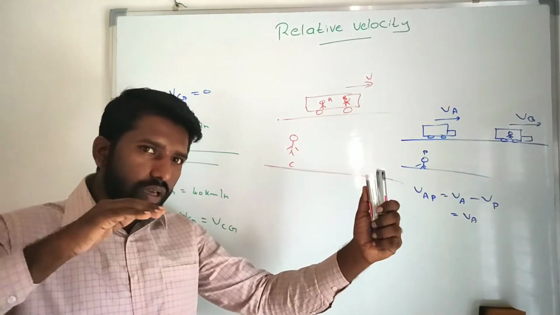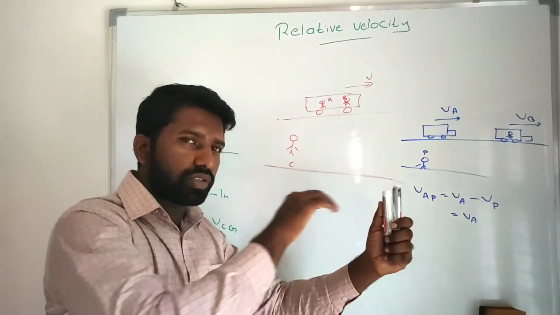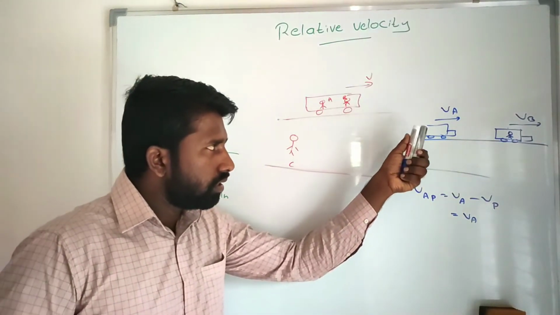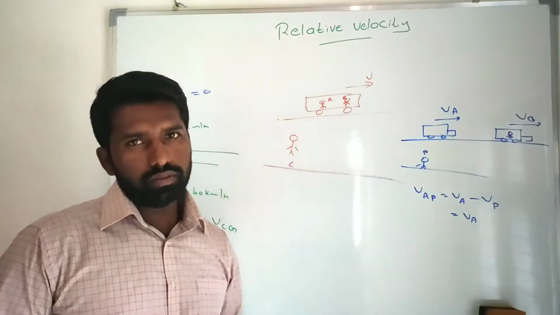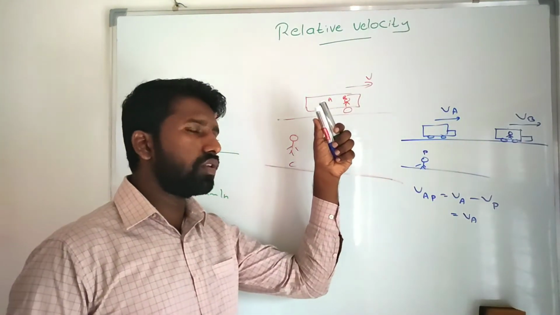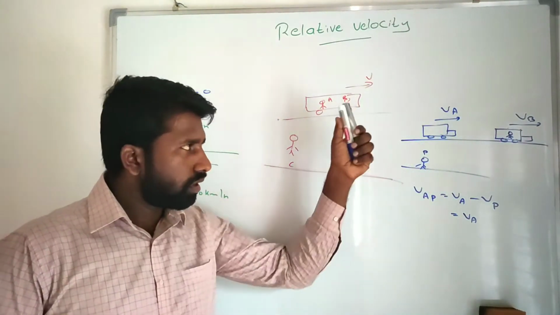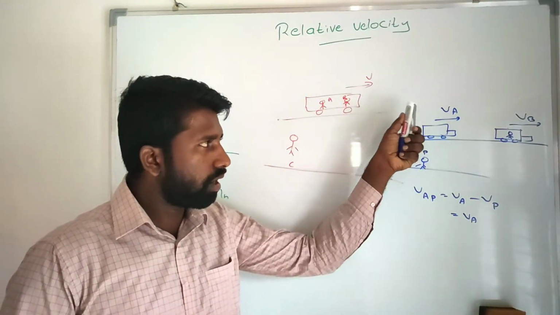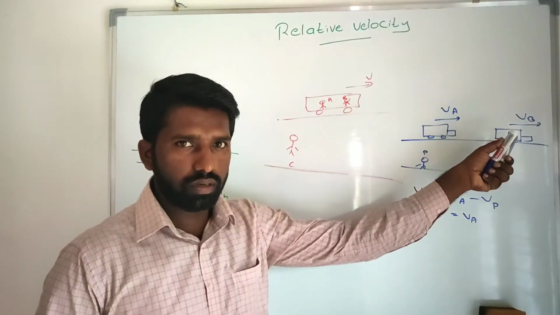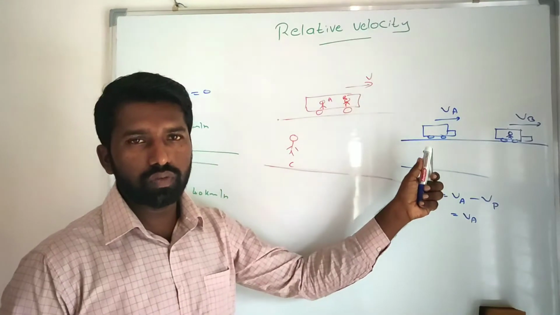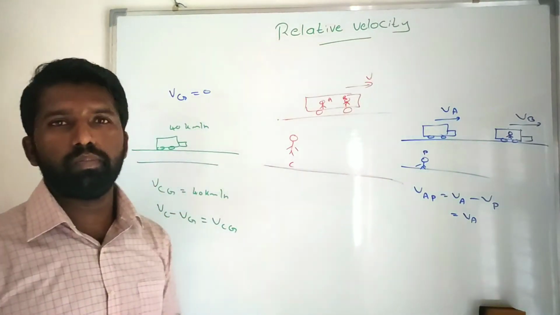With what velocity will A appear? That is the relative velocity of A with respect to B. I will repeat: the velocity with which A appears to B person is the relative velocity of A with respect to B.